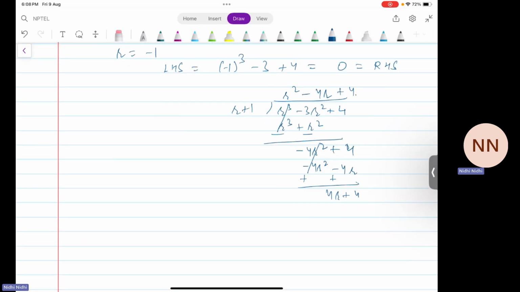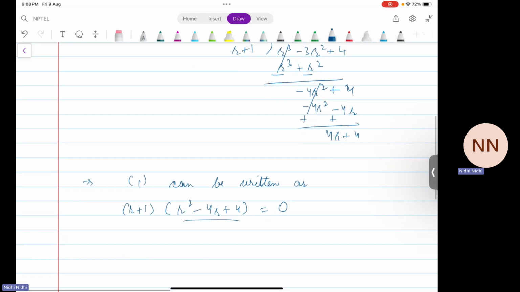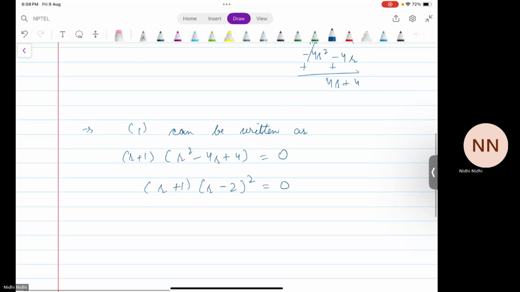Therefore, we can write it as r plus 1 times r square minus 4r plus 4 equals 0. Now this is r minus 2 whole square. So we have r plus 1 and r minus 2 square equals 0. From here we get the roots to be minus 1, 2, 2.